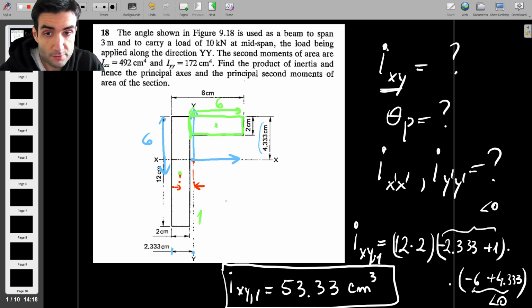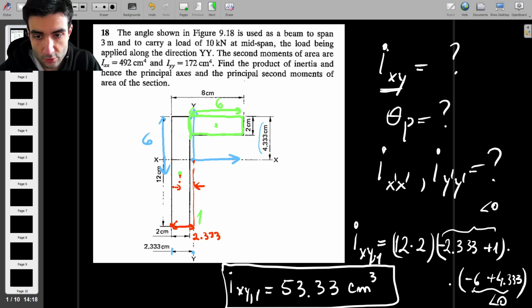So let's try to figure out the x-coordinate with respect to the main centroid, of course. So we have the following. From this end to here, we know this is 2.333.